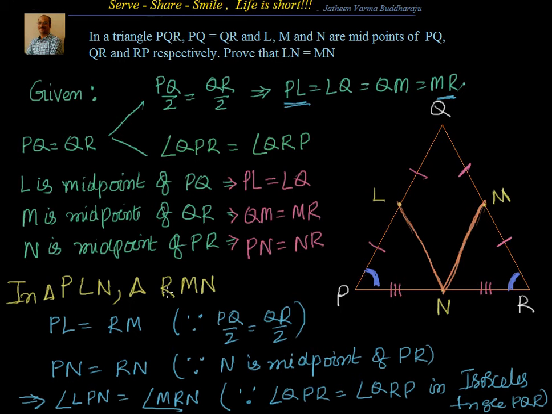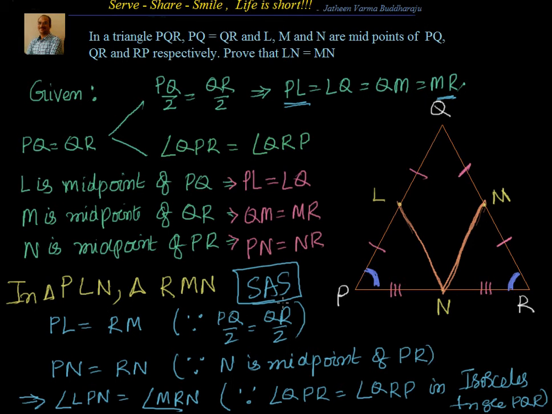Okay. Now if you see here, I have side, angle, side, side angle side. So we have SAS congruency here, by which these two triangles are congruent.